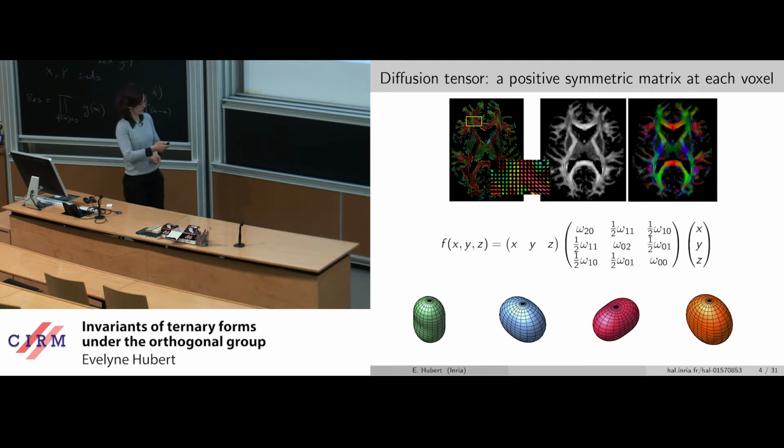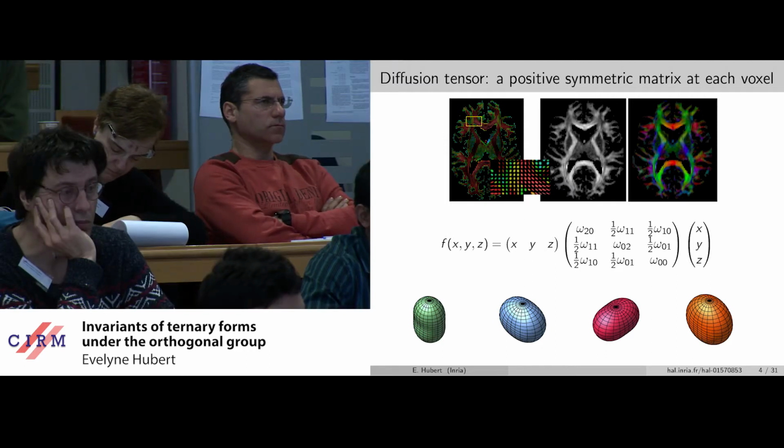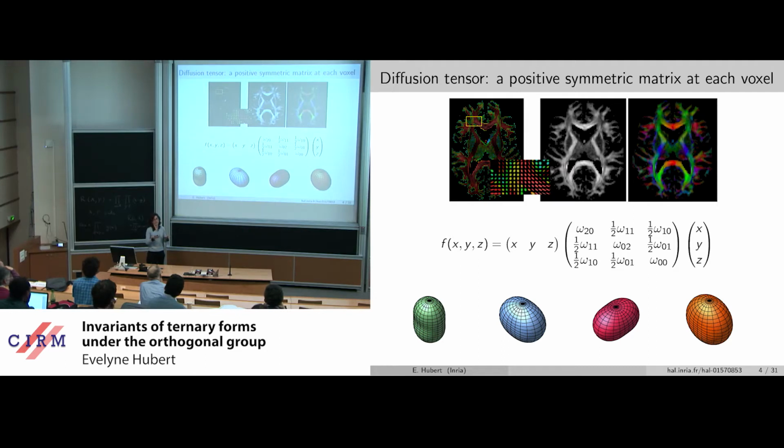This function is a function on the sphere, centered at this little voxel. It's a function of three variables, but you have to understand it on the sphere. And the first model is a degree 2 polynomial. So it's basically spherical harmonics of degree 2 behind it.